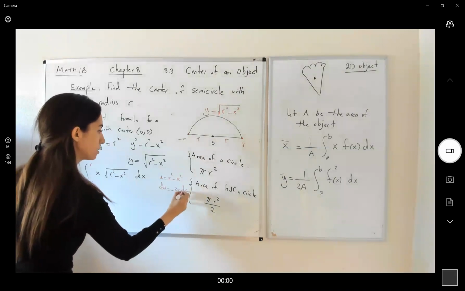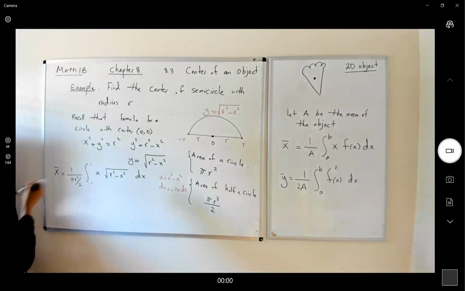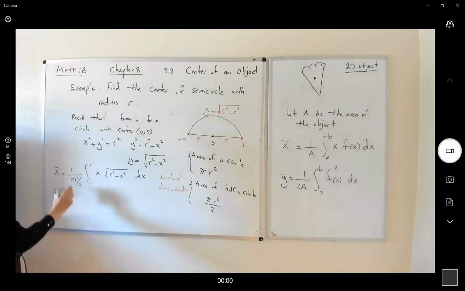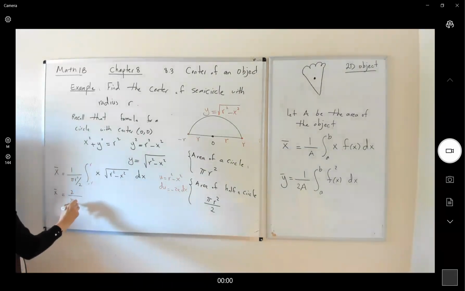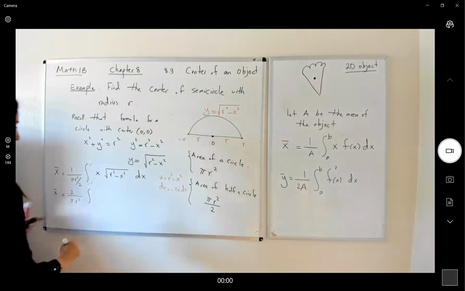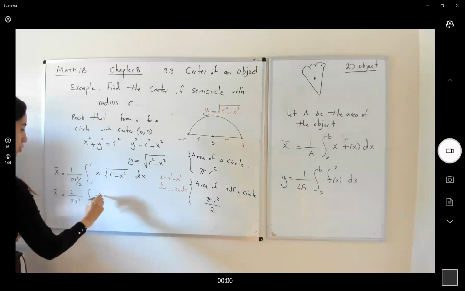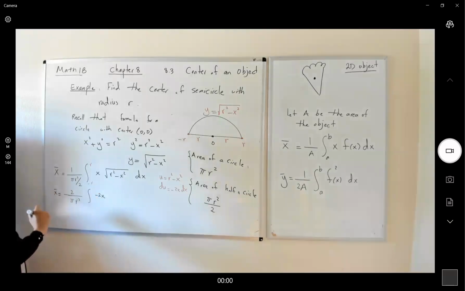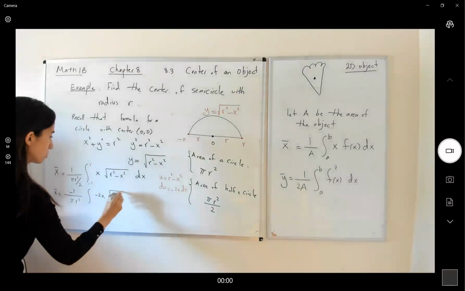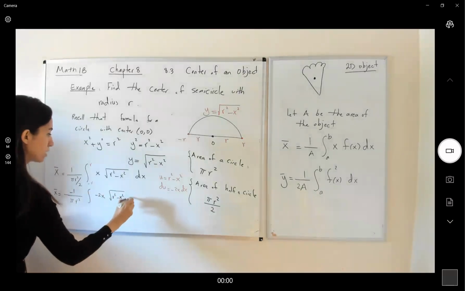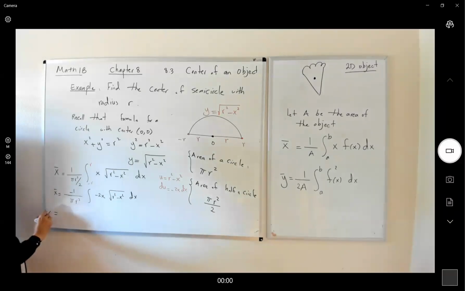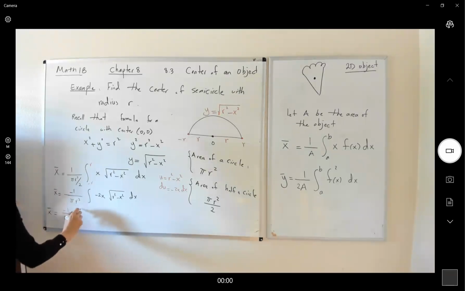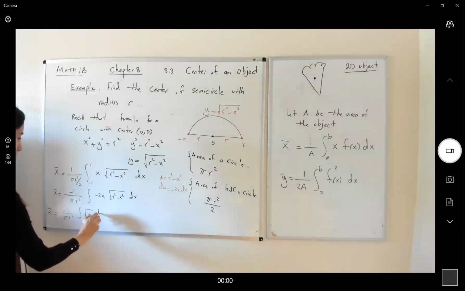Then du is negative 2x dx. So x bar is equal to, I'm just going to flip this to divided by pi r squared, and I'm going to write this as negative 2x, so I'm going to divide by negative 2. I just plug in negative 1 here, and I have the square root of r squared minus x squared dx. So x bar is negative 1 over pi r squared times the integral of the square root of u du.